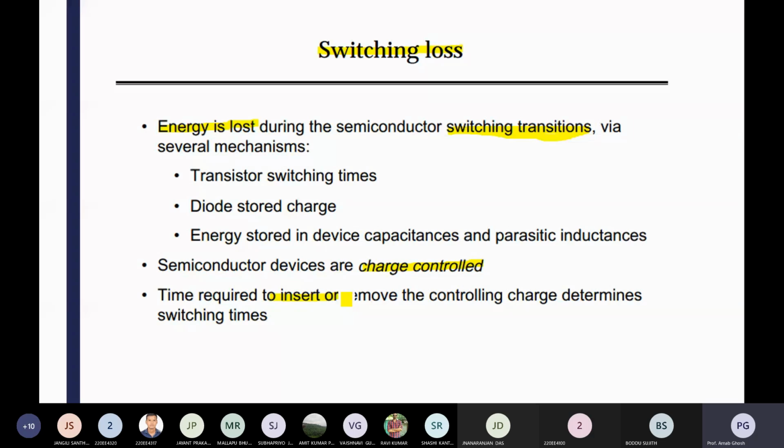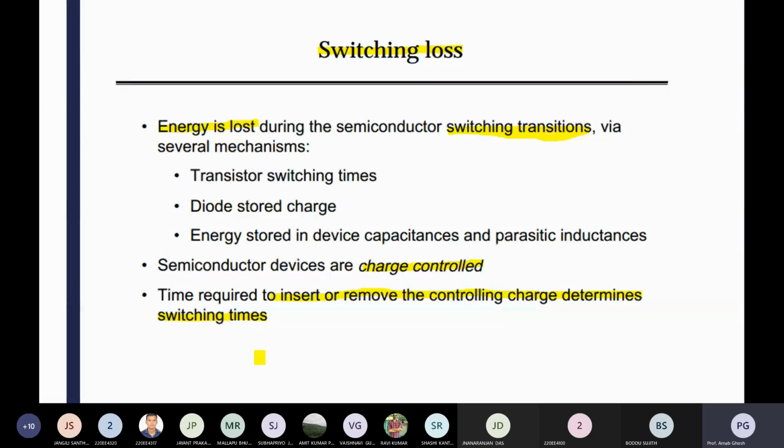Inserting and removing that control charge, how much time is required for the charge to be stored and then dissipated, that is your charge switching time. In the last class it was discussed that charging and discharging time normally decides your switching frequency. If you know the switching time, you will get the switching frequency as the inverse of the switching time period.